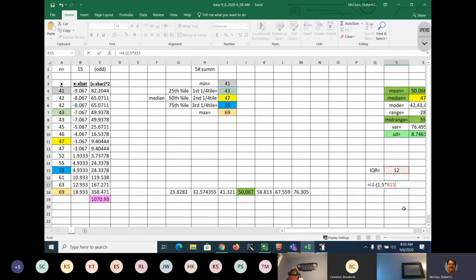And then my upper is going to be equal to my third quartile, which is my 55, plus parentheses 1.5 times my interquartile range.